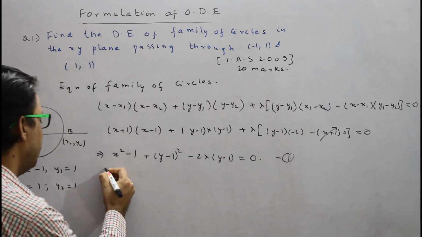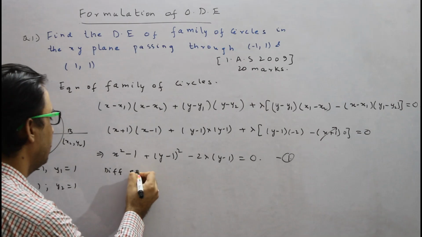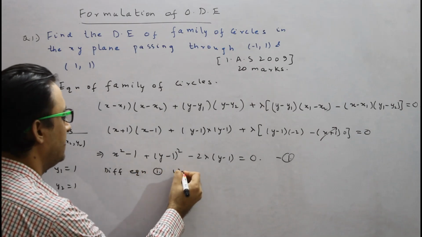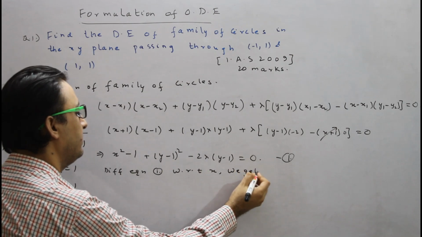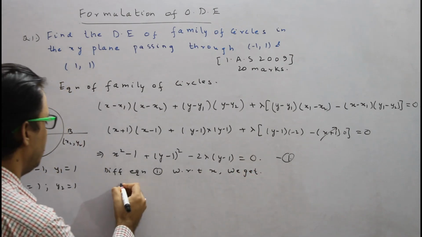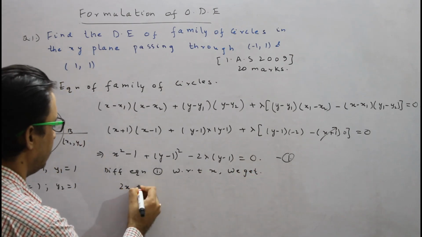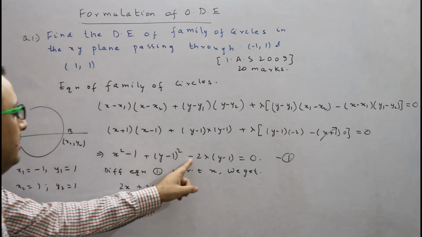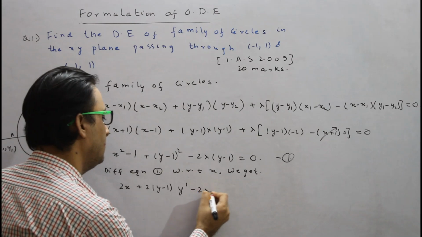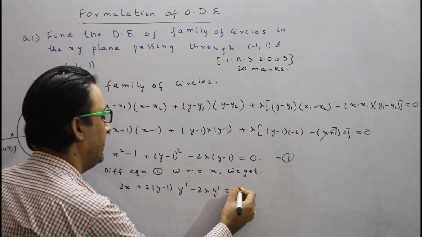So now I will differentiate equation 1 with respect to x. When we do so, we get 2x plus 2 times (y minus 1) y dash minus 2 lambda y dash.